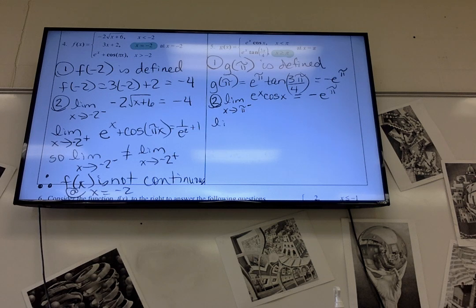Cool. Limit as x approaches pi from the right-hand side. Yep, e to the x times the tangent of 3x over 4. We just did that for number 1. It was negative e to the pi. So there is indeed a limit because they're equal. So then step 3 is, is that limit equal to g of pi?